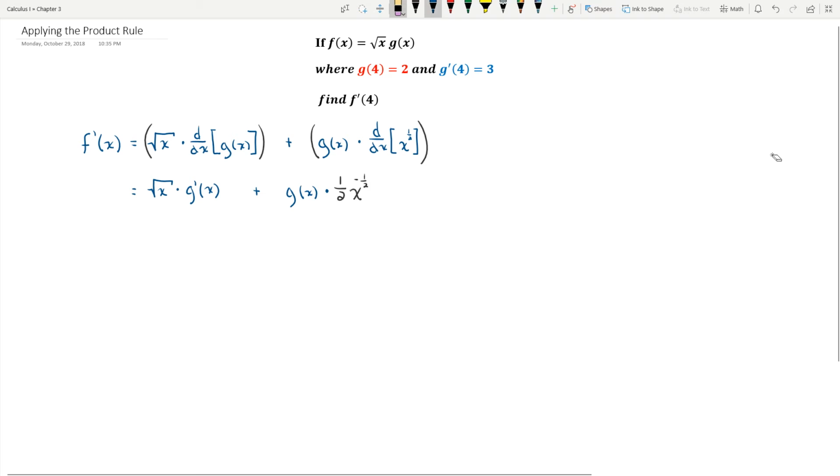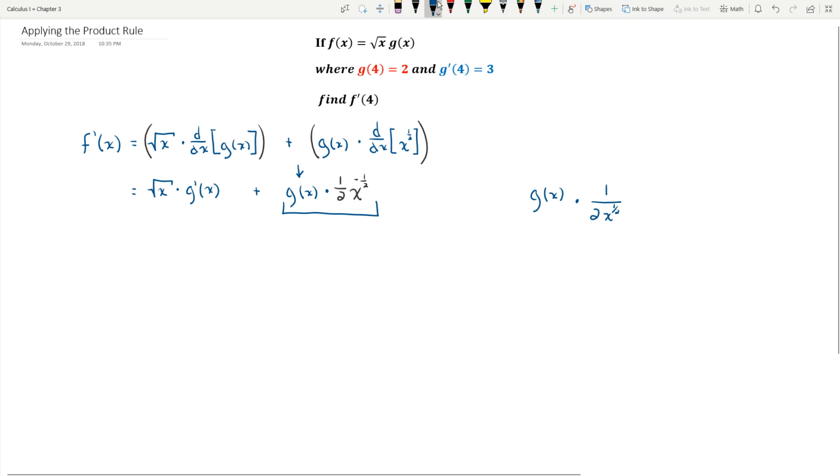Now we can further combine or at least clean this up, especially this right side. So we can clean that up by stating that g of x is in the numerator. So we'd have g of x multiplied by 1/2 times x to the negative 1/2. Well, really what that's saying is it's 1/2 times x to the 1/2.